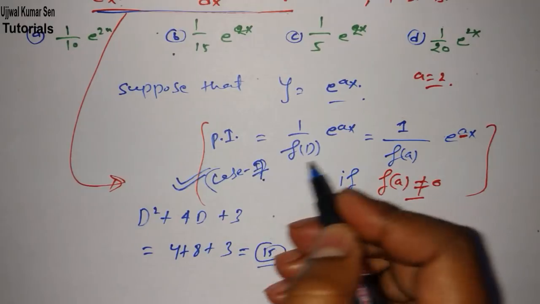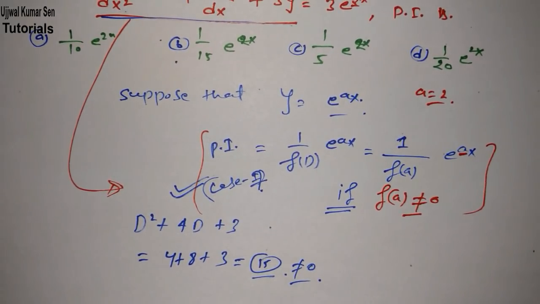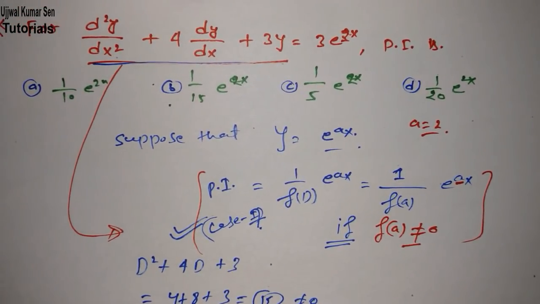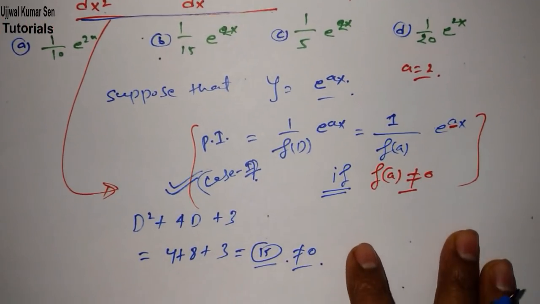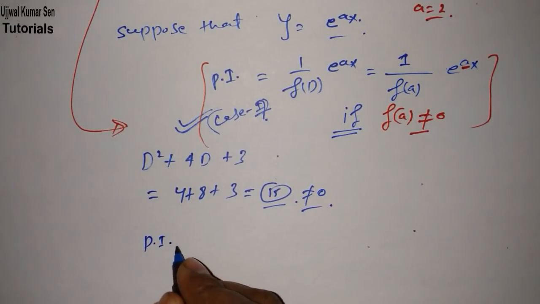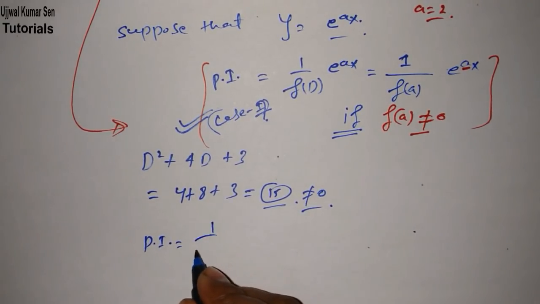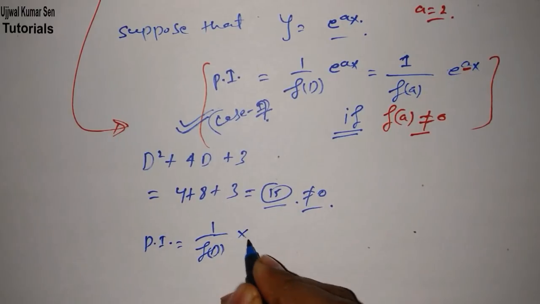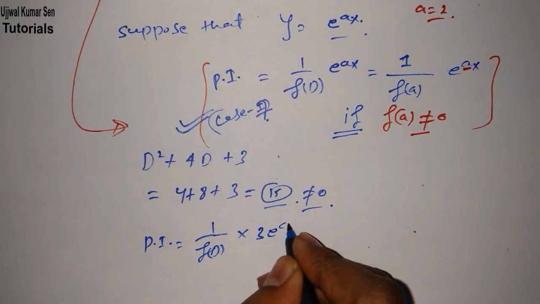This case may be 1, 2, 3, 4, anything. There are many cases I will share with you. Okay, so this is also one of the important cases, right? Now what I wanted to share with you is basically how we can solve this question. So what we can write, basically, particular integral is equal to 1 by f(D) multiplied by e to the power ax.